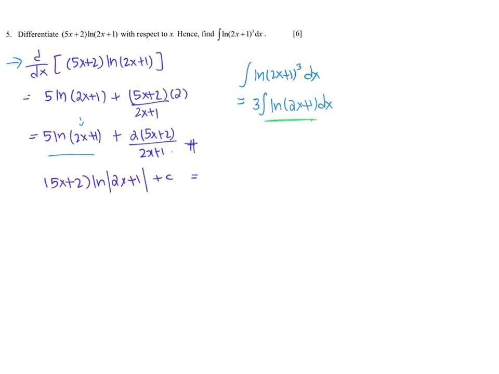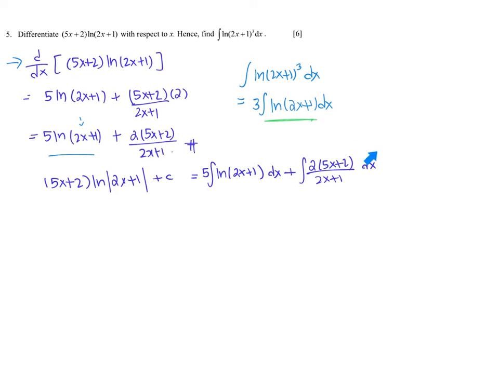Alright, so this will give me the integration of, let's keep the 5 outside, 5 bracket ln 2x plus 1 dx plus the integration of 2 bracket 5x plus 2 over 2x plus 1 dx. Alright, so we see that what we want above, as you can see underlined in green, is appearing already on our right hand side.